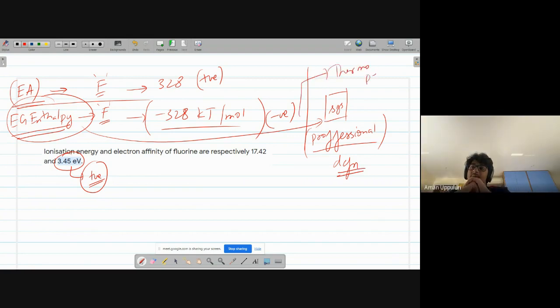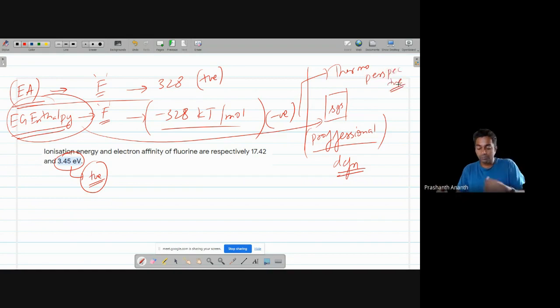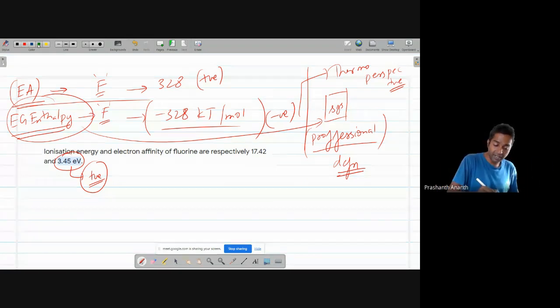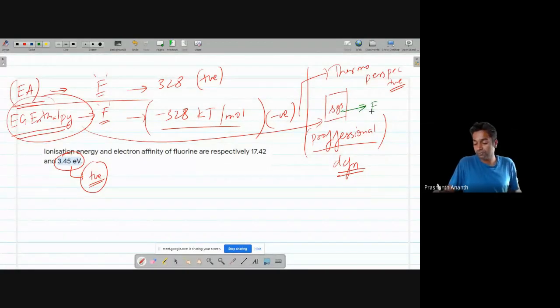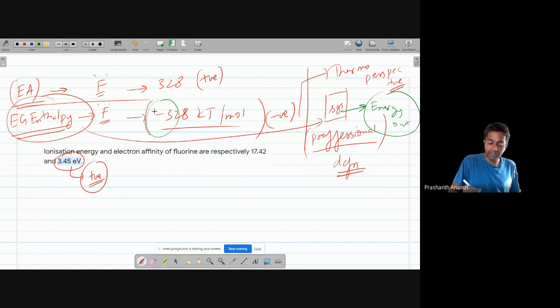So what was the perspective from the thermodynamics point of view? That's the same thing which I mentioned about the sign convention a while back. If energy is getting out of the system, we will have to give it a negative sign. All right. But how is electron affinity defined?